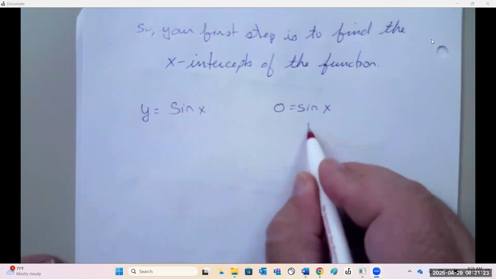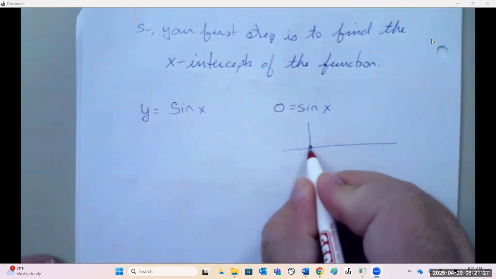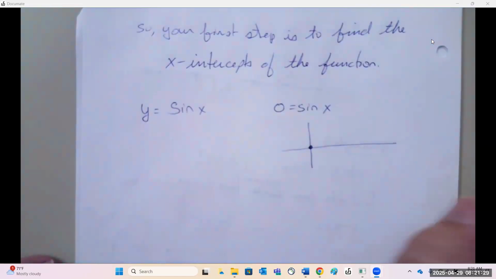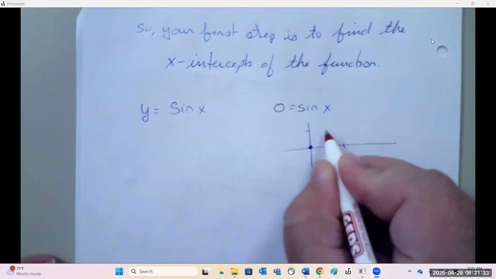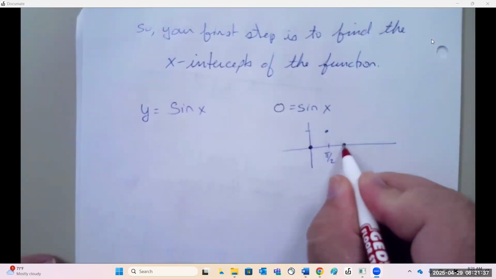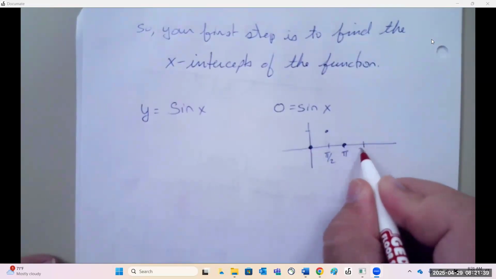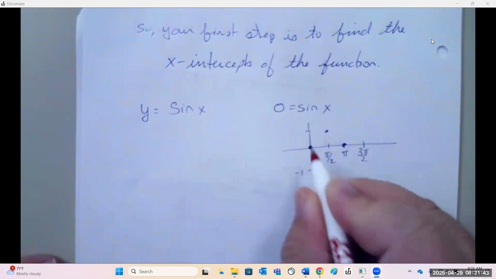You have to know what the sine function looks like. At 0, sine is 0. At pi over 2, the sine is 1. At pi, it's 0. 3 pi over 2, it's negative 1.